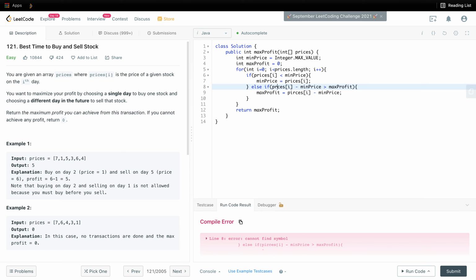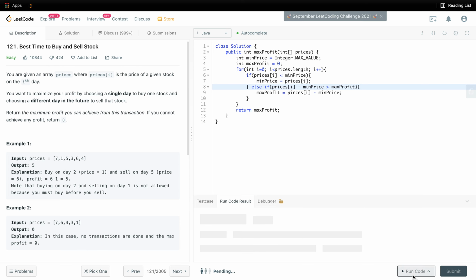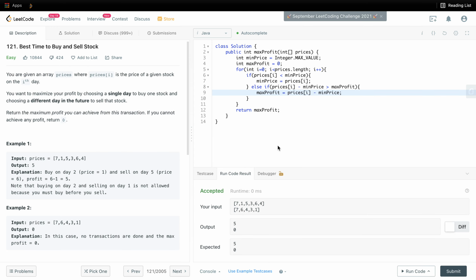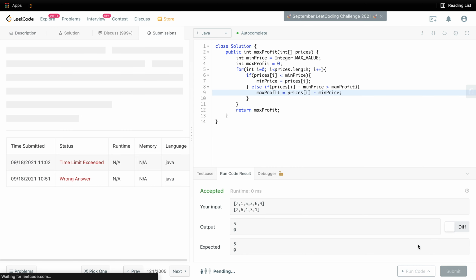Again, it's a typo. Oh my god. Okay, finally we could run it, and yeah, let's try submitting it.